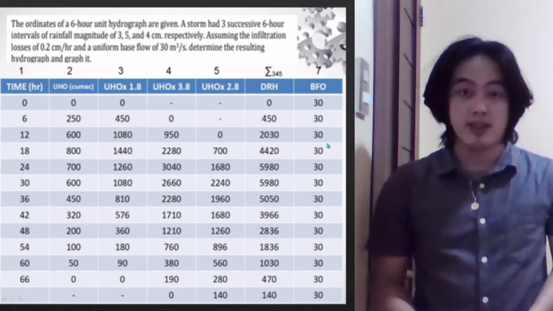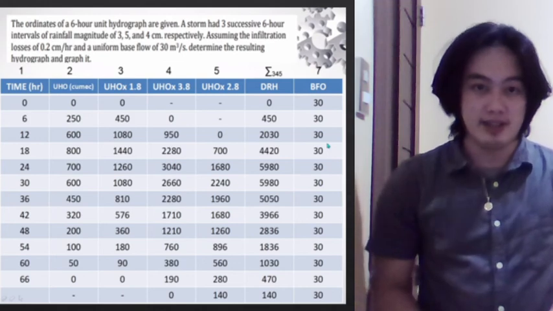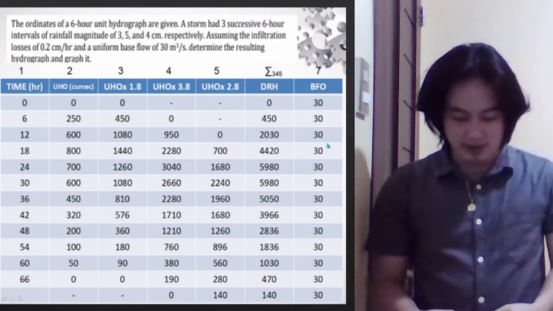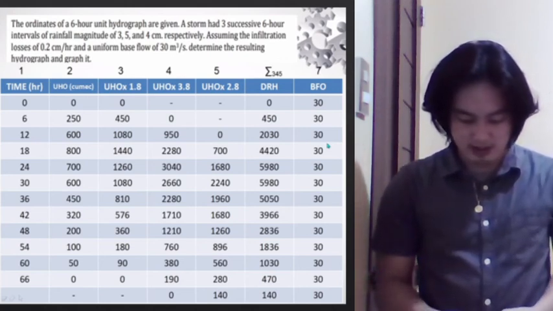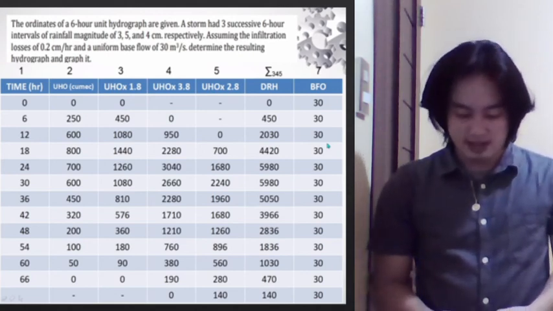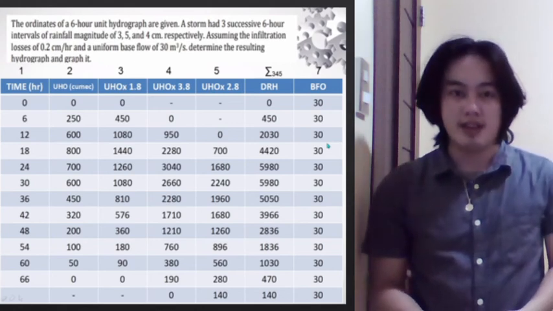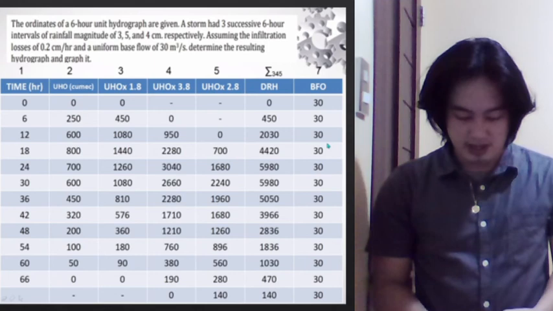So on, we continue. For the third, 250 times 3.8 is 950. Then it should continue with the second interval: 600 times 3.8.